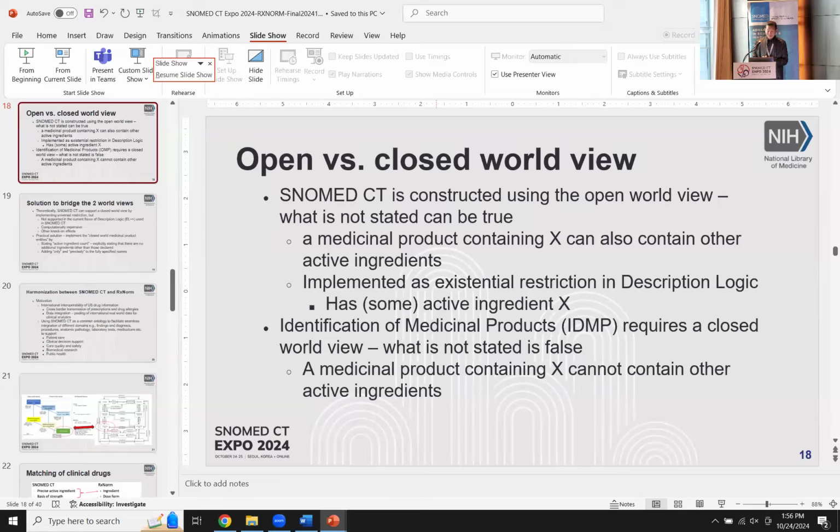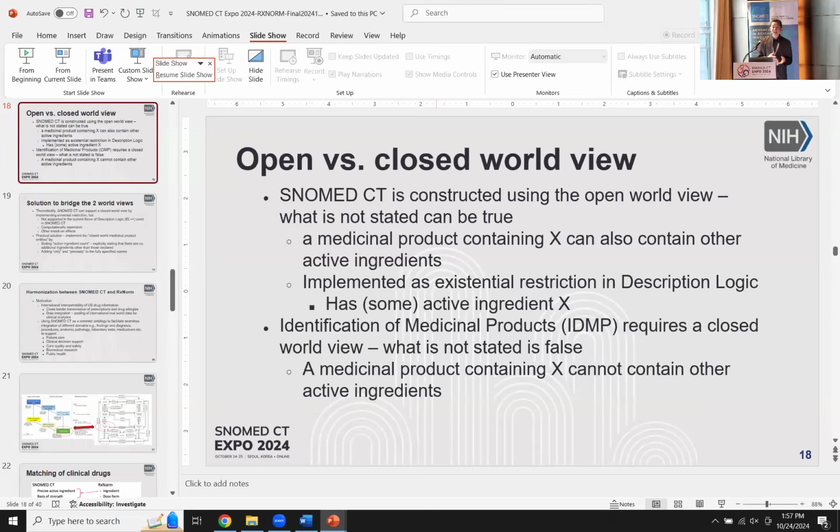What is implemented now in SNOMED is that we're using existential restriction. That means when we say that a drug has active ingredient X, that means that it has some active ingredient X. It's not excluding that it has other ingredients, right? So this is the open world view.